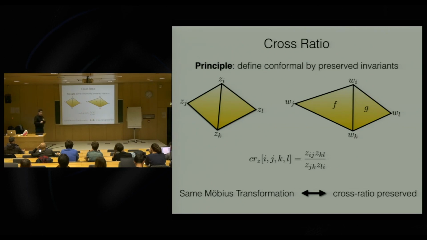Not only that it happens, it's an identity. It means that if you have 2 sets of 4 points, and you have the same cross ratio, there is a Möbius transformation between them by design. So cross ratios are actually an equivalence class of Möbius transformations. They refine the space. That's why it's defined this way.